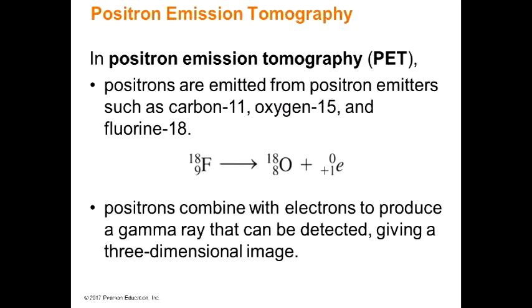Very important: if I say oxygen gas or reaction with air, that means O2. This is monoatomic here. The nucleus is O-18, and a positron, which doesn't contribute to mass. Positrons combine with electrons to produce gamma rays that can be detected, giving a three-dimensional image.